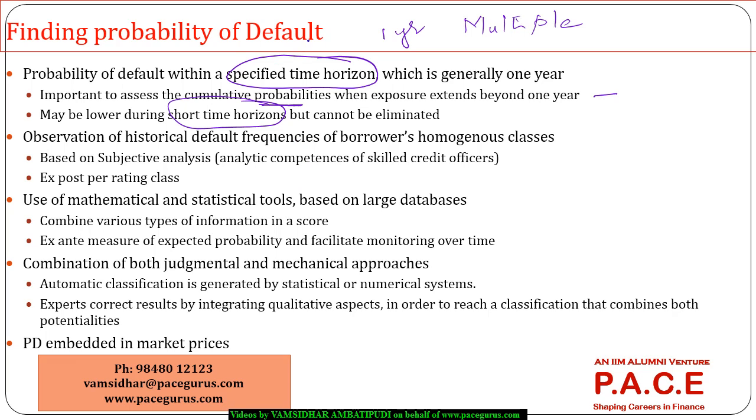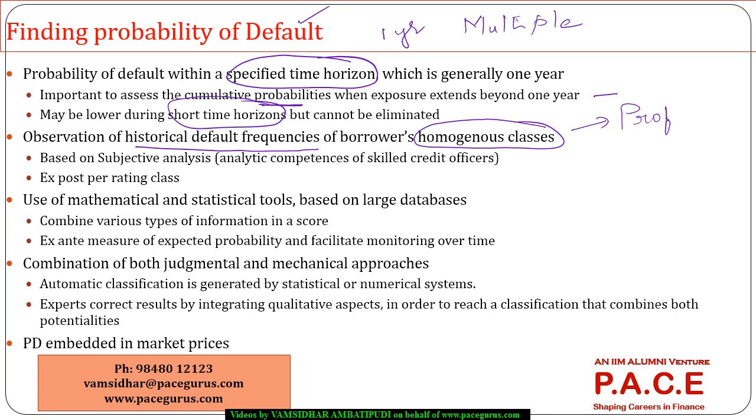Now, there are different approaches to compute the probability of default. One based on the historical default frequencies. I observed the default frequencies of various firms historically. So I'm first of all grouping all my borrowers into homogeneous classes, based on various profiles.